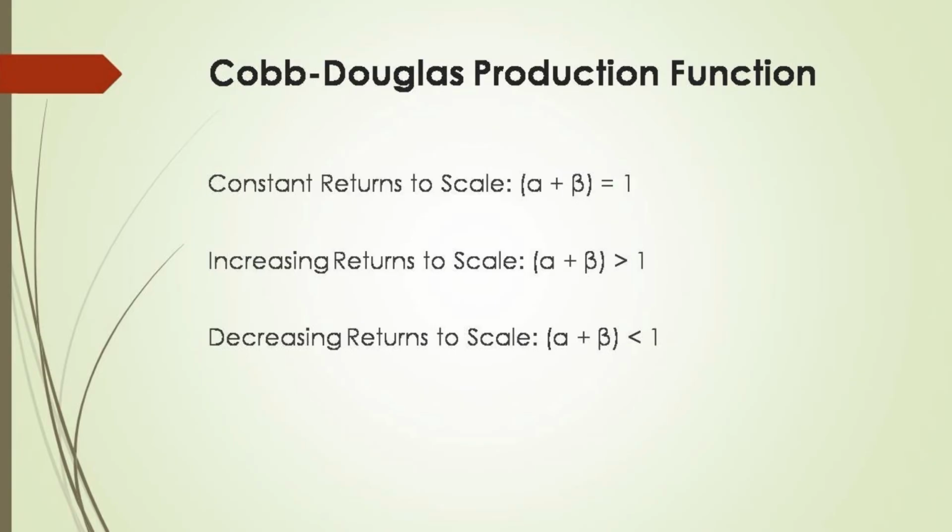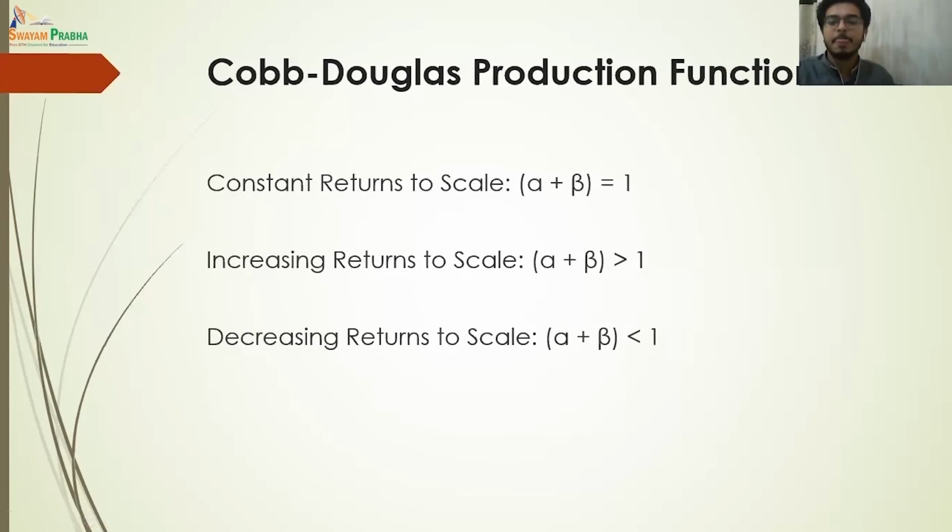All right. So if we go back to the Cobb-Douglas production function, we again say that alpha plus beta, with alpha for labor and beta for capital, are output elasticities, nothing but the coefficients.